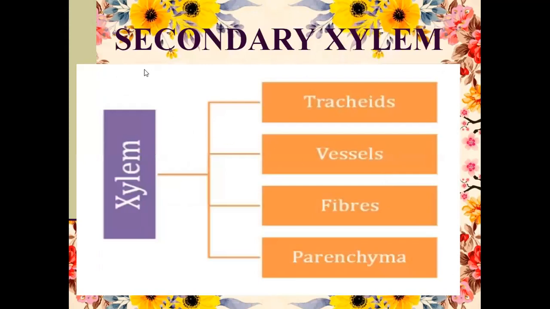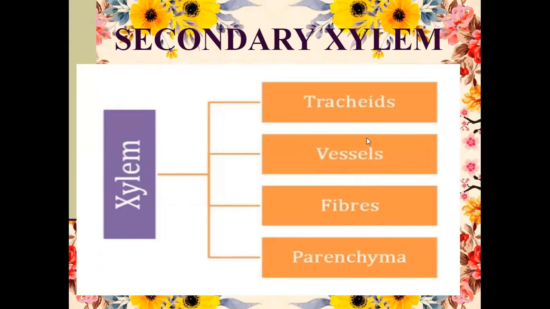Next we discuss secondary xylem. During secondary growth, new xylem cells are developed from the cambium. These xylem cells are called secondary xylem cells. They contain tracheids, vessels, fibers, and parenchyma.